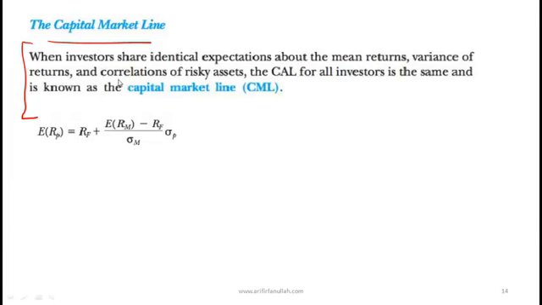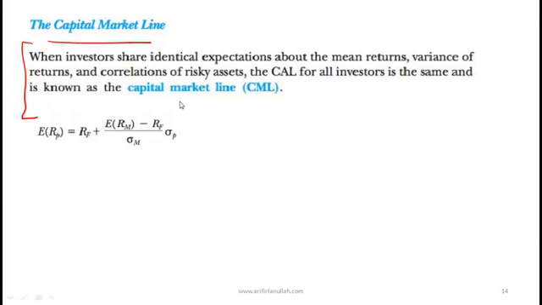What did I say on the previous slide with regards to the expectations that different portfolio managers have? The CAL, or capital allocation line, assumes that different people have different assumptions. So that is a practical scenario.